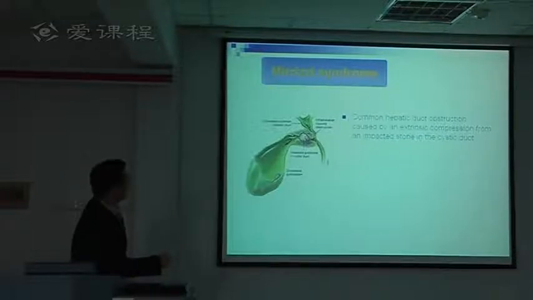So the common hepatic duct is distended and dilated and causes obstructive jaundice. But the common bile duct is normal.